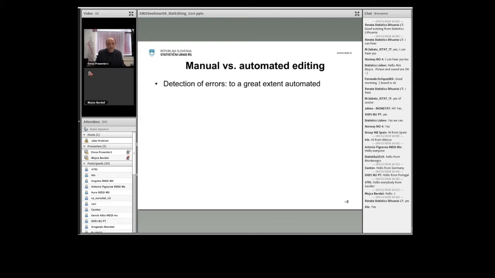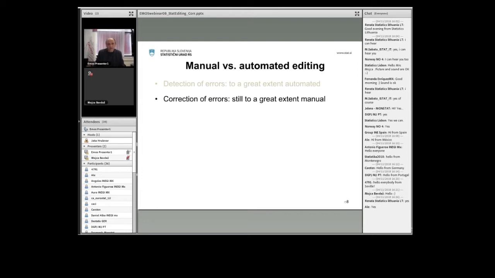One is detection of errors and the other is correction of errors. The fact is that detection of errors, so data validation, is to a great extent already automated. It's done with the computer because it's very easy to do data validation with computers. But the correction of errors, I have to say, is still to a great extent done manually.